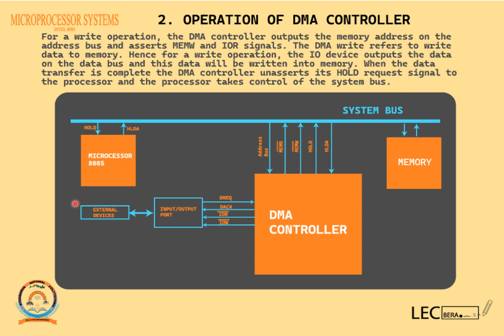So the external device is going to put the data which we want to read onto the data bus, and that data is going to be written to the memory location, which is going to be generated again by the DMA controller. Remember those memory address, input output address, and the size of the byte were given by the microprocessor before it relinquished what?